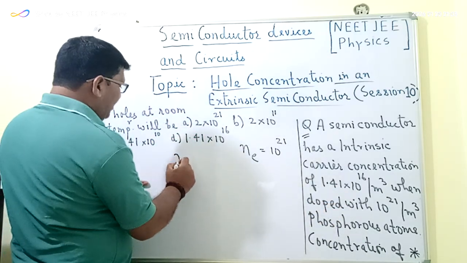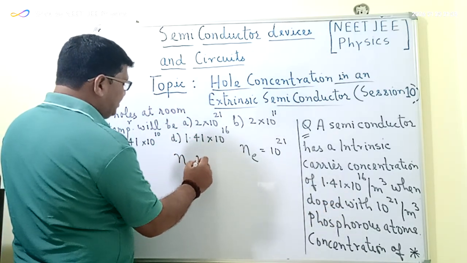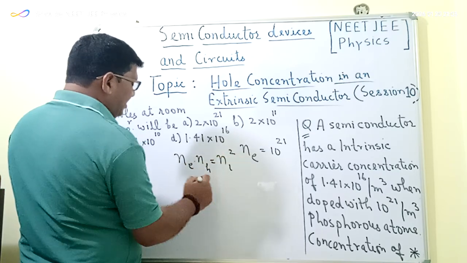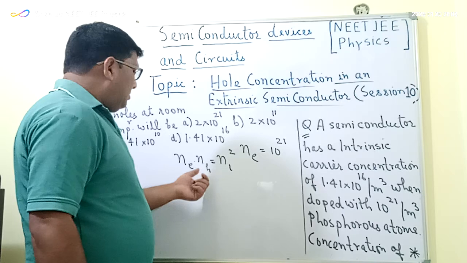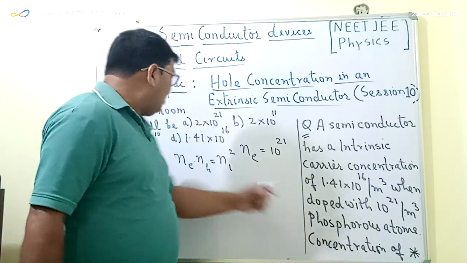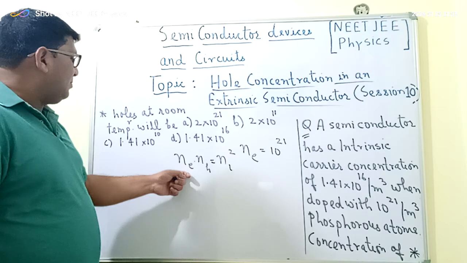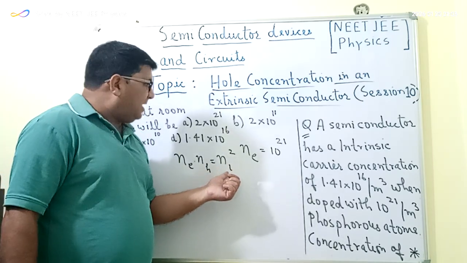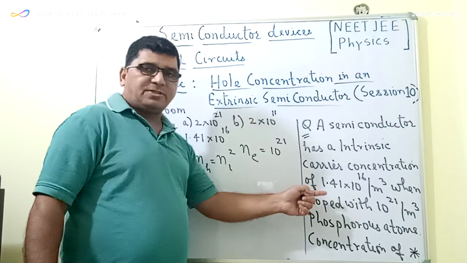Now we know that Ne into NH is equal to Ni whole square. Here NH is the concentration of holes, Ne is the number of free mobile electrons, and Ni is the intrinsic carrier concentration.